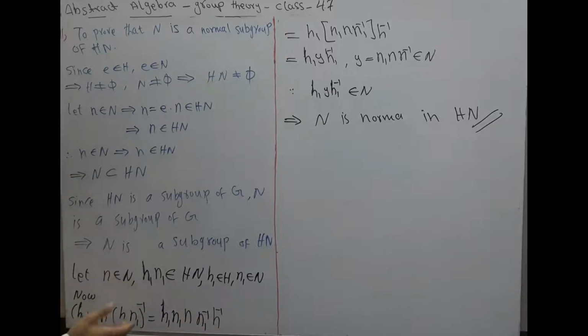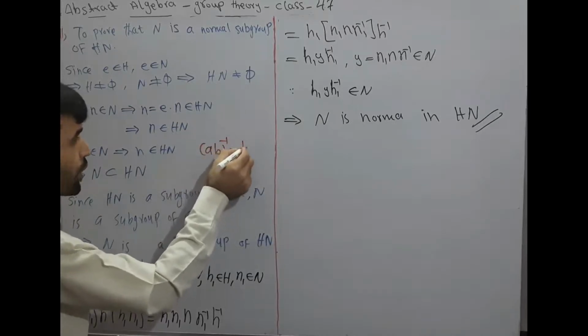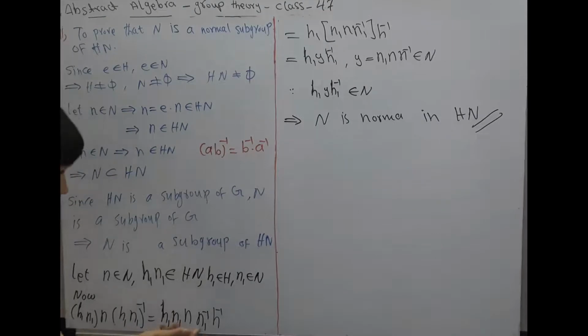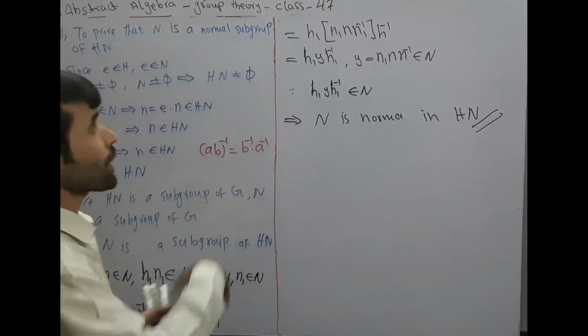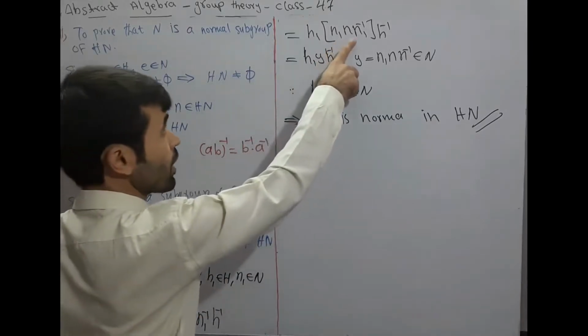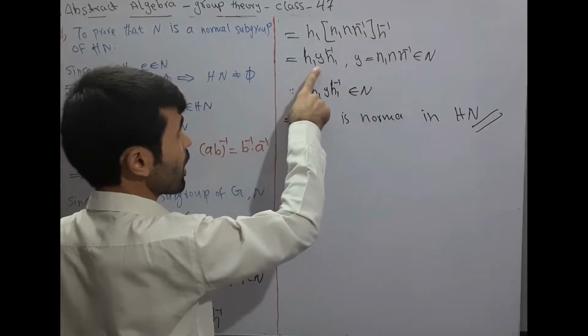According to the theorem, I think in lecture 7 or 8, we proved that (AB) whole inverse equals B inverse A inverse. Now we can write n1 inverse h1 inverse. It is equal to h1 n1 n n1 inverse h1 inverse.